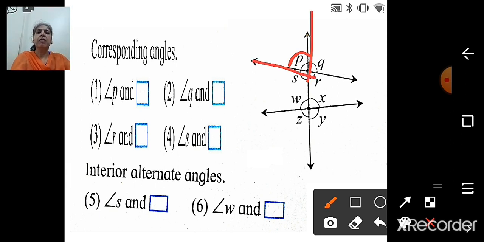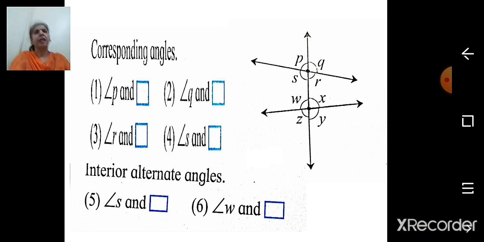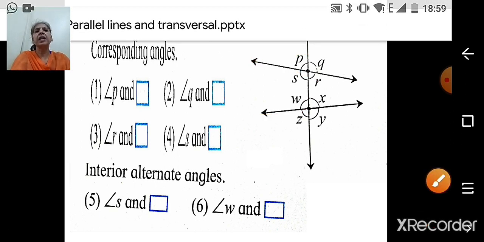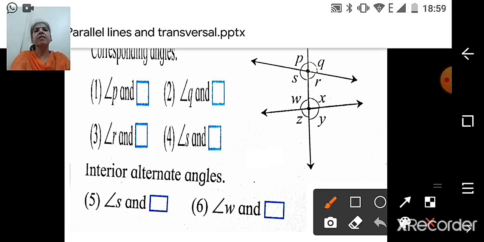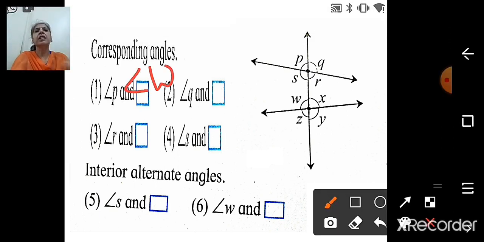So this is angle P, same direction. Which angle is in the same direction? Angle W. So angle P and angle W.